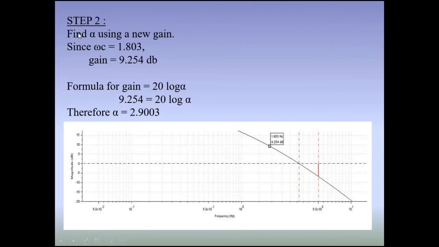Since omega c is 1.803, we get the gain from the Bode plot, which is 9.254 dB. We put the formula for gain: 9.254 equals 20 log alpha. Therefore, the answer for alpha is 2.9003.